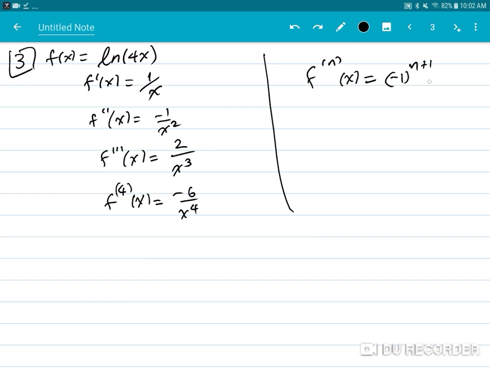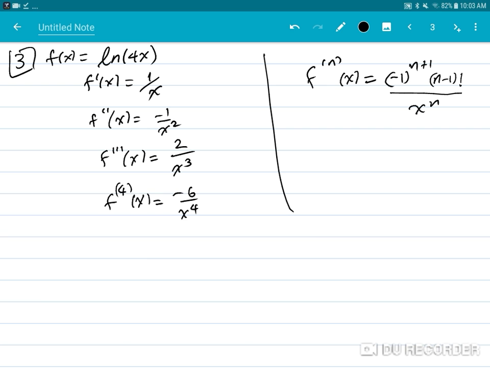And on top, we see n minus 1 factorial. And in the bottom, we see x to the power of n. So that's the nth derivative of the function f. Okay, there's multiple choice, so you pick whichever one.